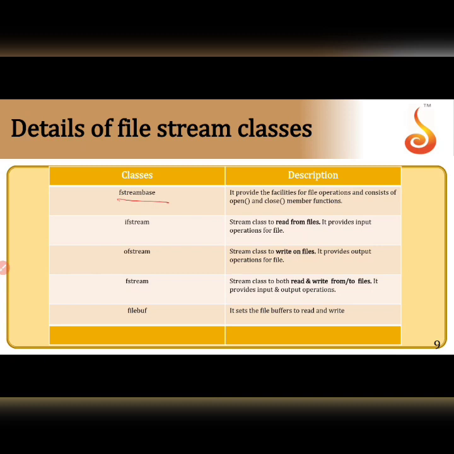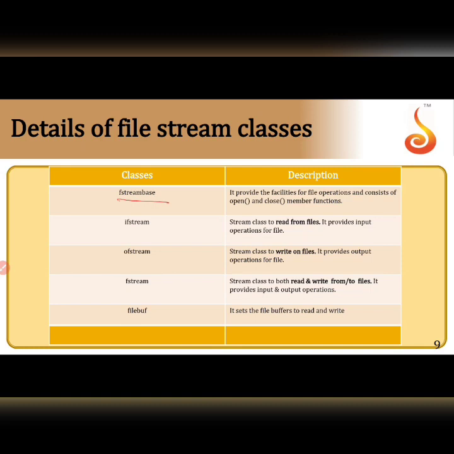What are the file operations I will be doing? Reading, open and close, right? I need file operations like to read from a file or write to a file. First I need to open the file, then only I can read or write. It will allow me to read and write to a file.